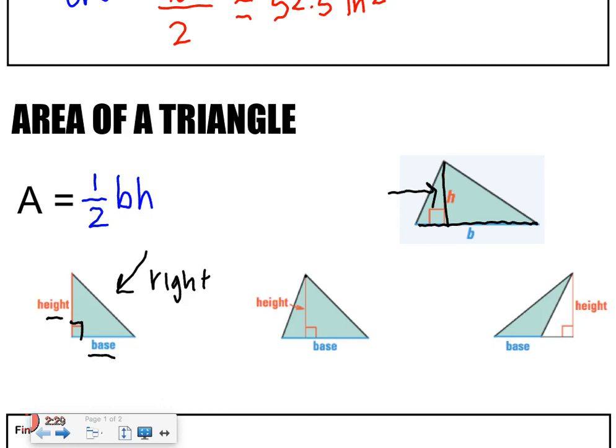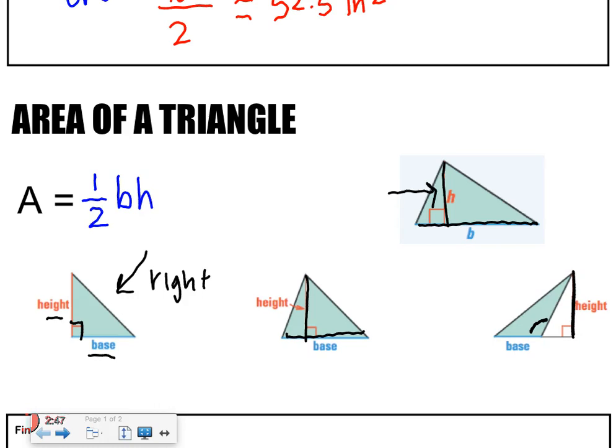Here again, here's your height, there's your base. And then the goofy one of all of them is when you have an obtuse triangle, when this angle is bigger than 90, your height actually falls outside your triangle.